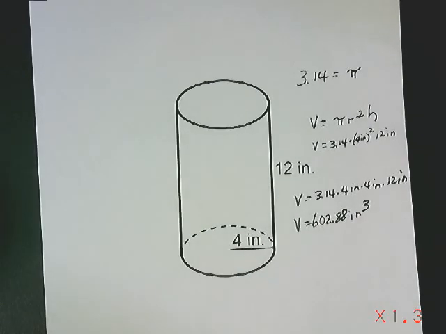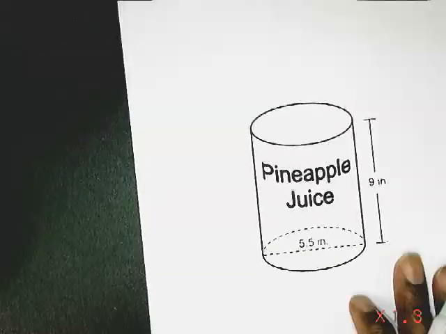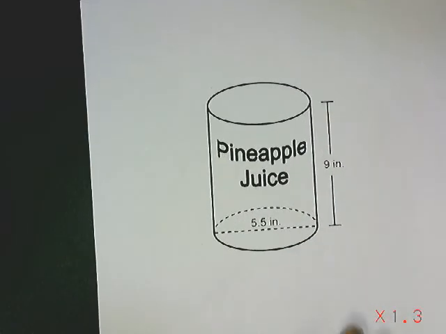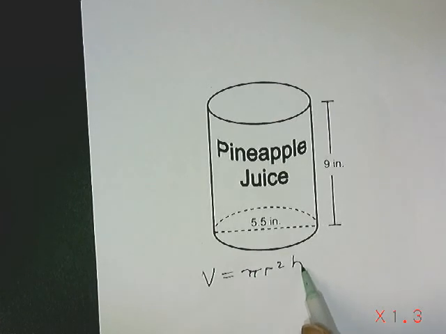Let's try another one. Here's my cylinder this time. Pineapple juice. As you can see, my base is 5.5 inches. My height is 9 inches. The formula is V is equal to pi r squared times h.